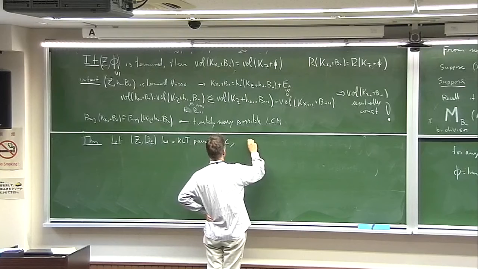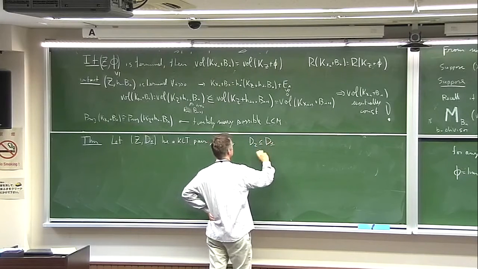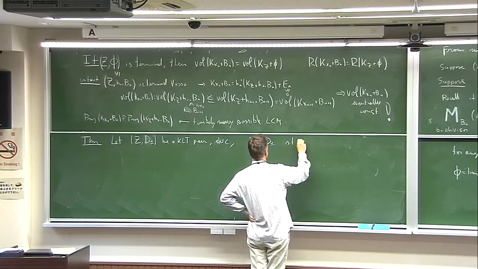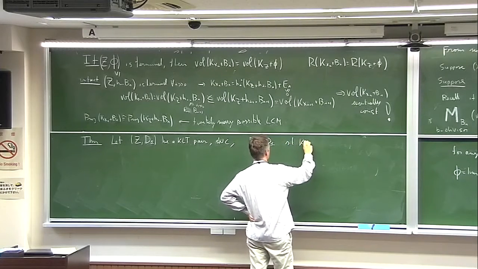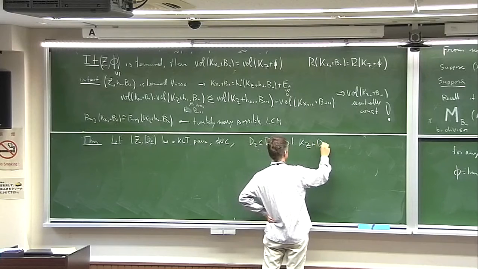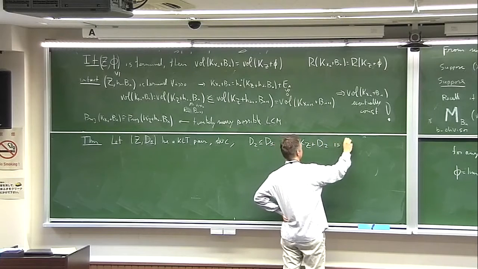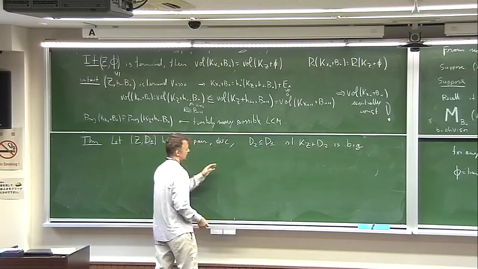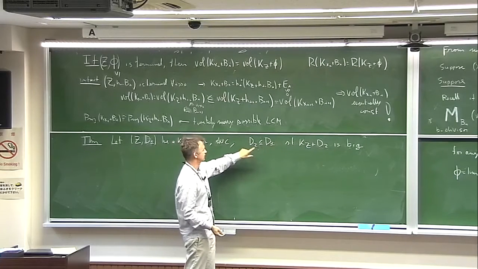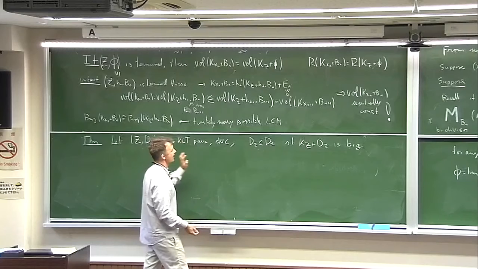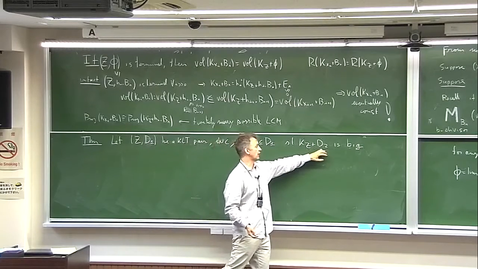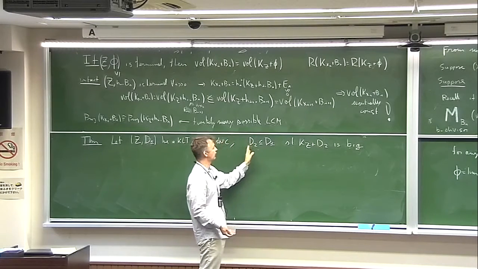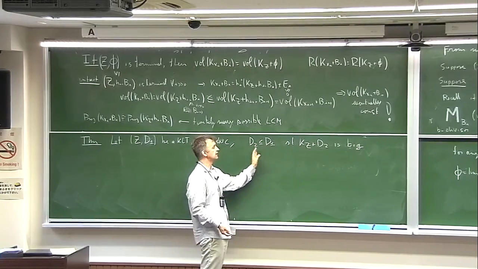Let D2 be a divisor which is smaller than D1 such that K_Z plus D2 is big. In particular, if this is a KLT pair, then K_Z plus D2 is also KLT. And the same is true for any intermediate divisor. Any intermediate divisor will be KLT and will be big.